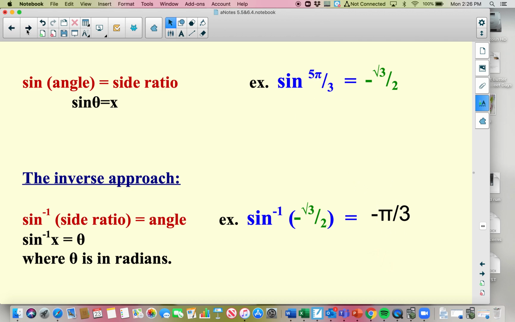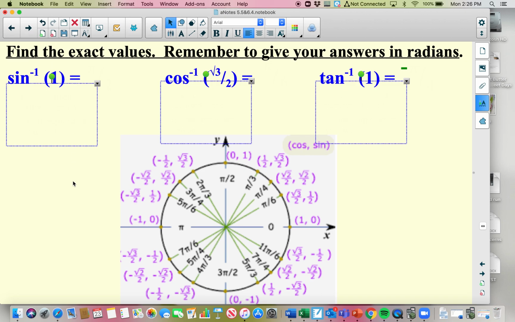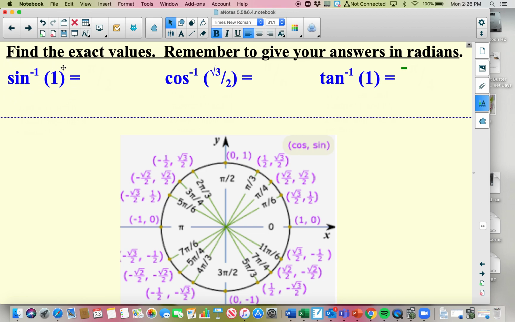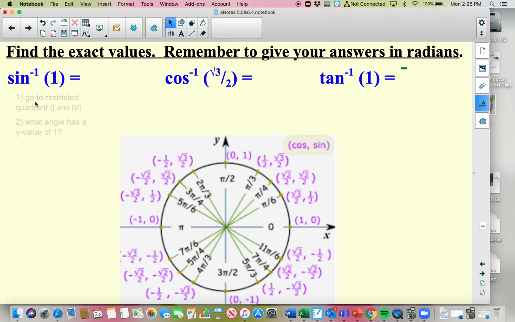All right, so here we're going to go through several of these. I just have a unit circle here as reference, and the answers should be in radians for these. Okay, so when it says inverse sine of 1, what does that mean? In words, inverse sine of 1 means go to the restricted quadrants. Inverse sine is restricted to quadrants 1 and 4, so I only care about these two quadrants.